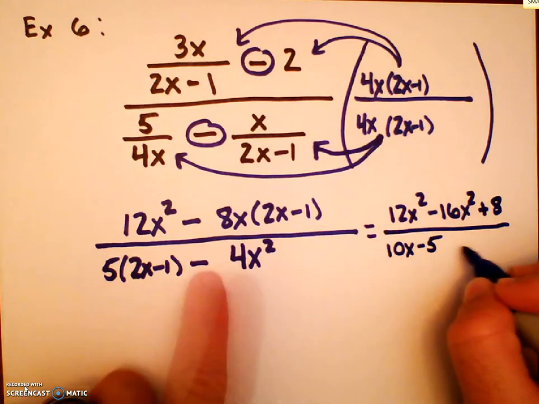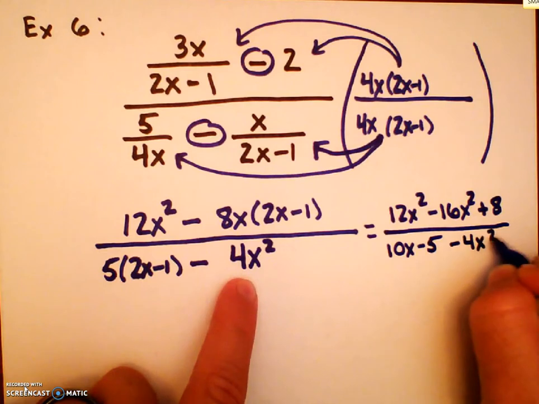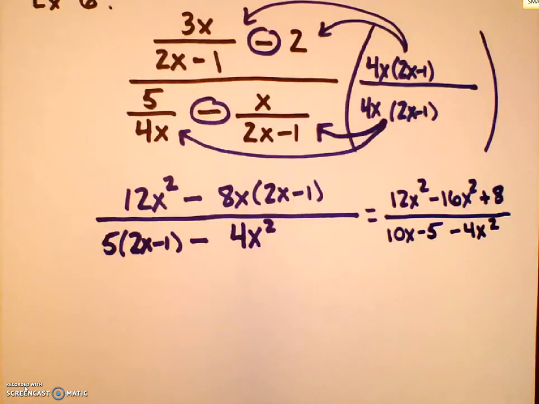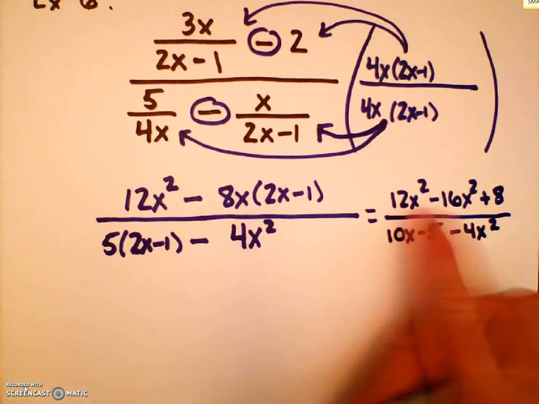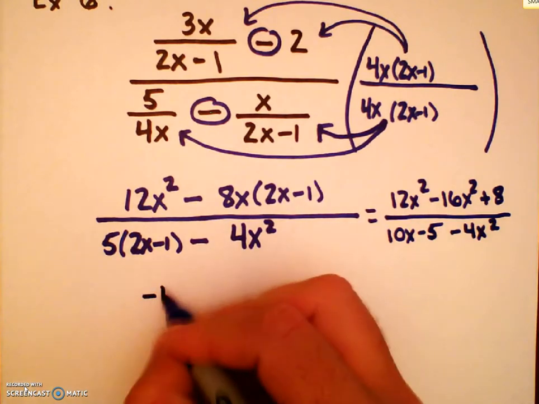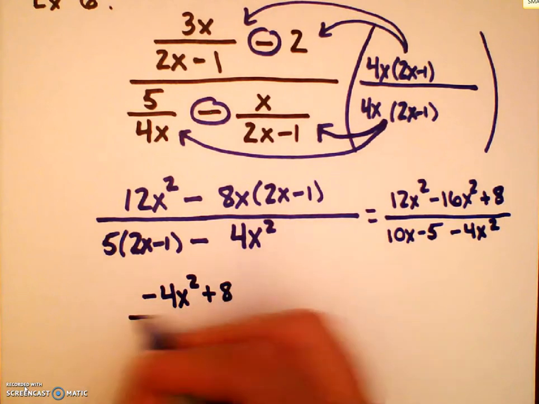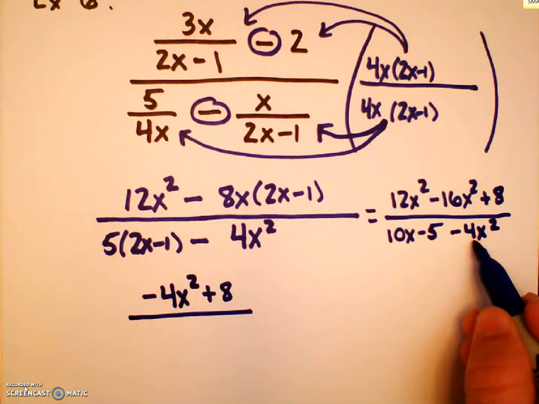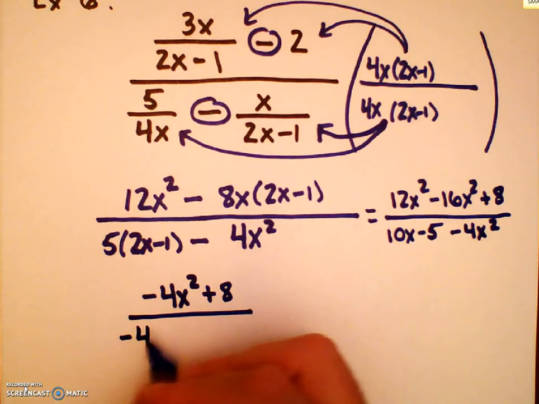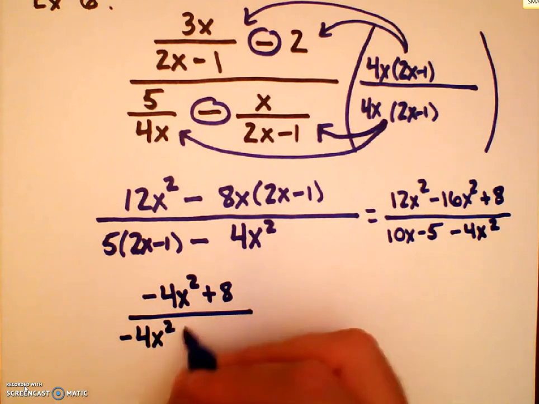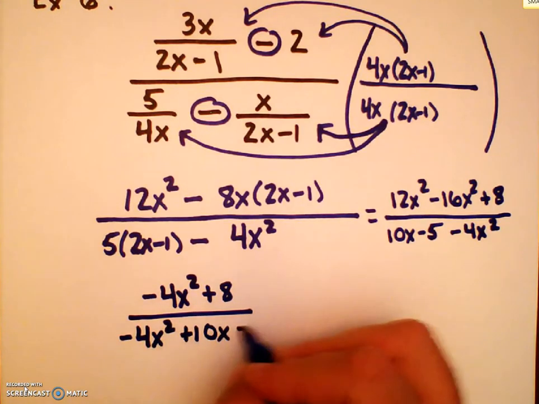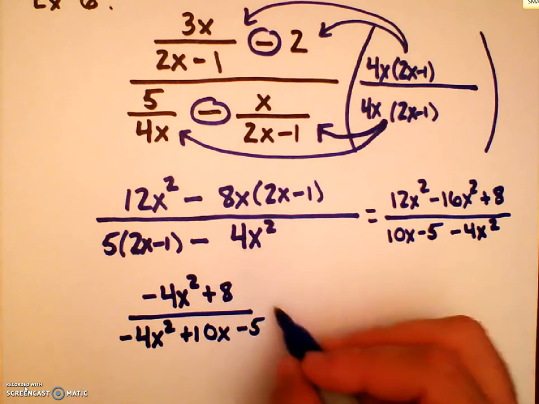And then minus 4x squared drops. Combine your like terms. 12x squared minus 16x squared is negative 4x squared plus 8. On the bottom, negative 4x squared drops. Plus 10x minus 5. Remember, you want those in standard form.